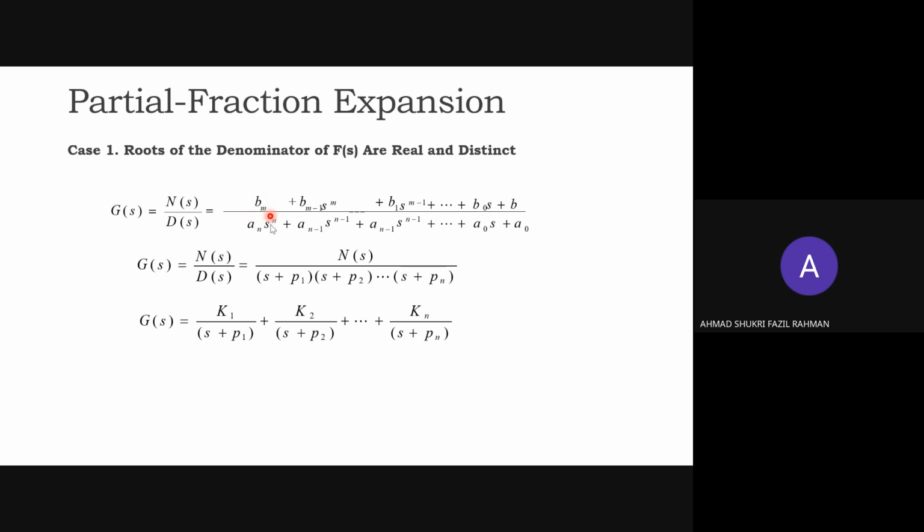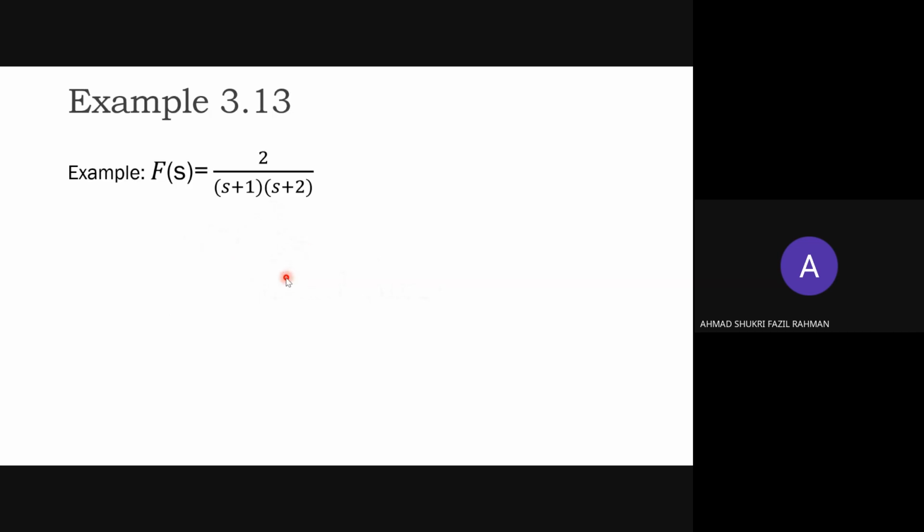Based on this polynomial, we try to factorize the denominator side, which is the bottom one. We factorize and then we can obtain the terms shown here. P1, P2 up to Pn are actually the roots of the polynomial from the denominator side. We only perform this on the denominator side for all three cases.